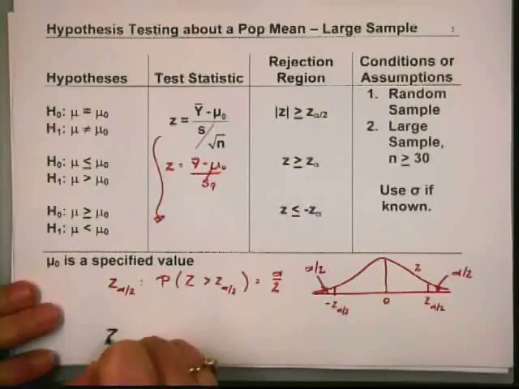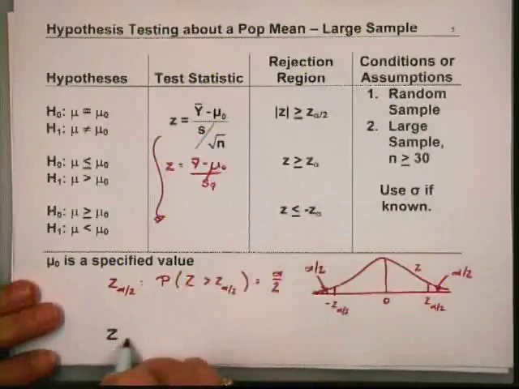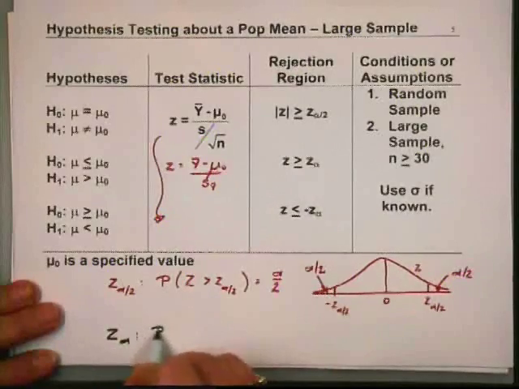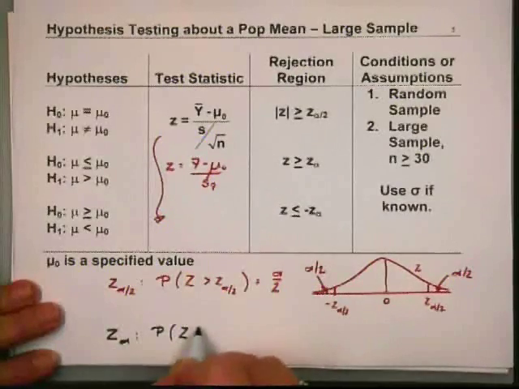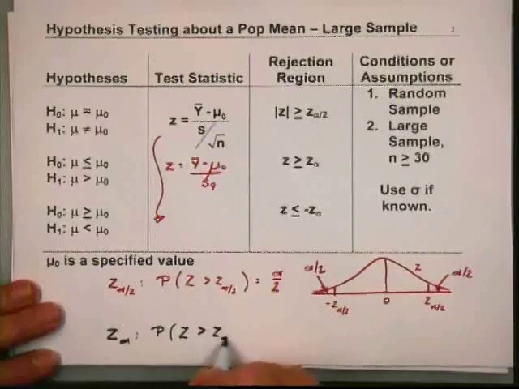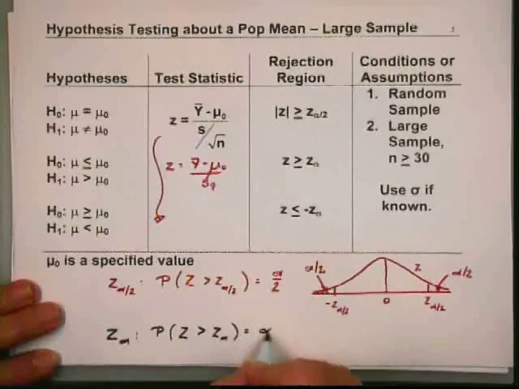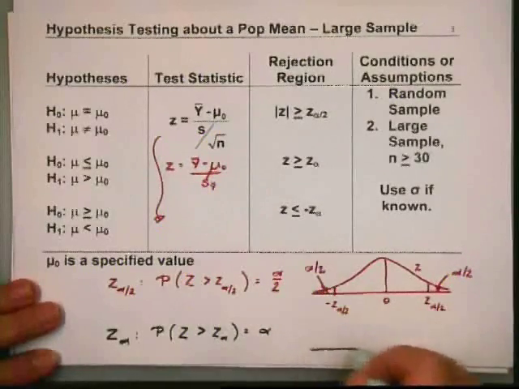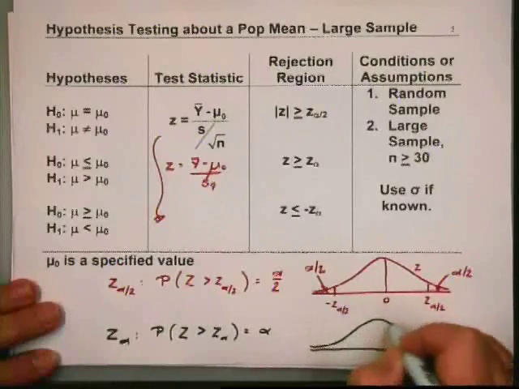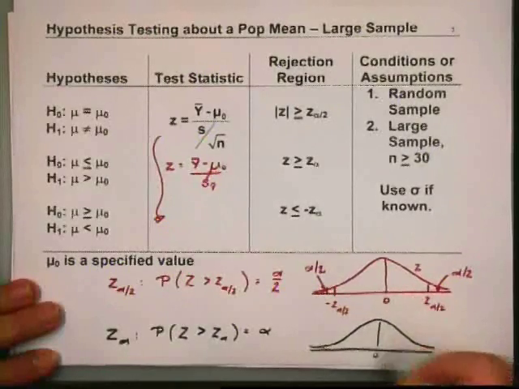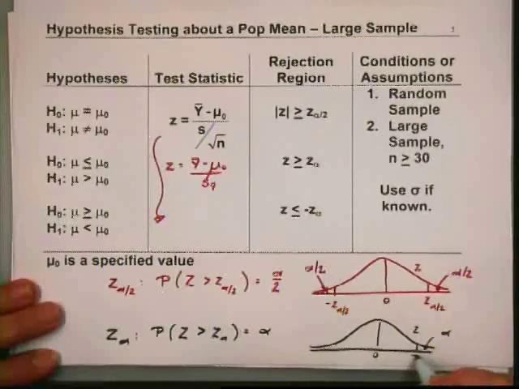In a similar way, when we look at z alpha, that's the probability that capital Z is greater than lowercase z alpha is equal to alpha. And this picture shows z alpha over here.